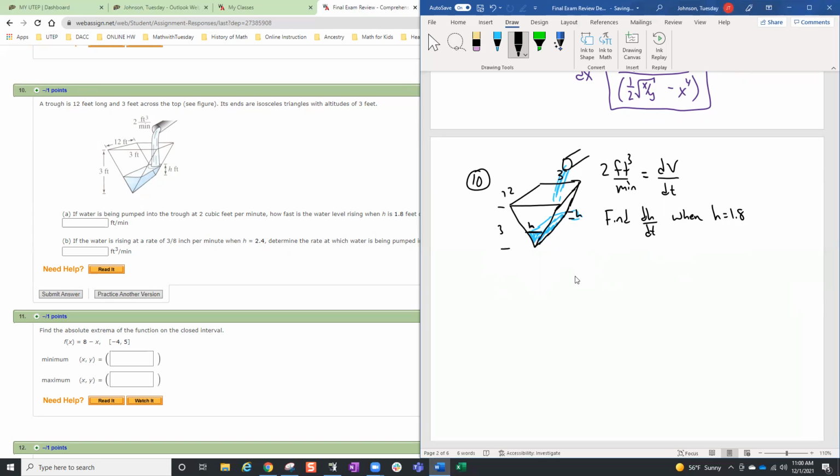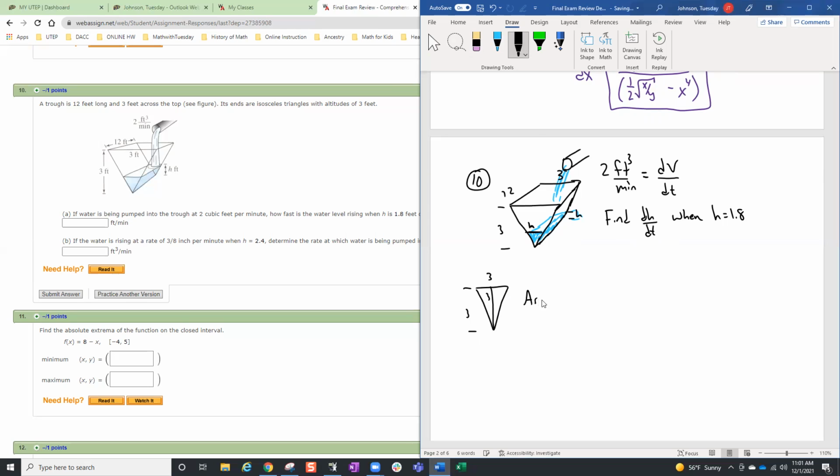So let's look at an end. This end is 3. This height is 3, which means if we put a height right here, I could pull this out and look at a triangle if I wanted to, but I probably don't want to. What I want to do instead is silence my phone.